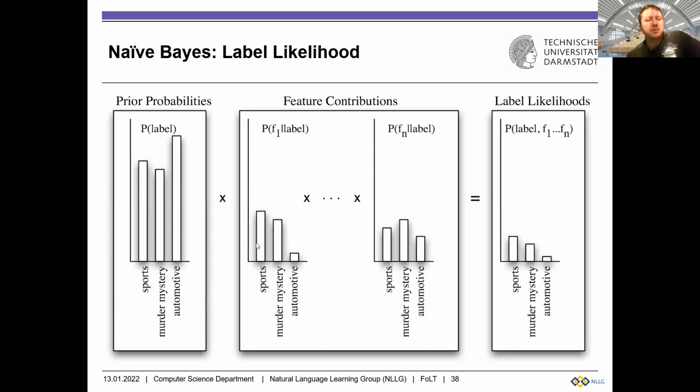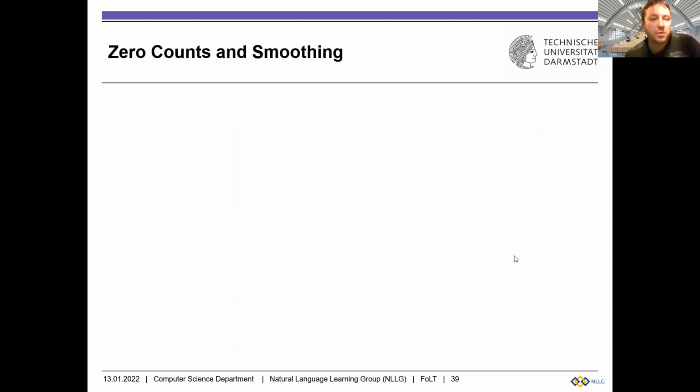And then we see the probability of the sports document is the highest. And we multiply all the features, so each feature makes its contribution. When we multiply all of this together, we get our final likelihood. And in this case, we would say the document is most likely about sports, and all the other categories are less likely. So we would classify this document as being about sports.